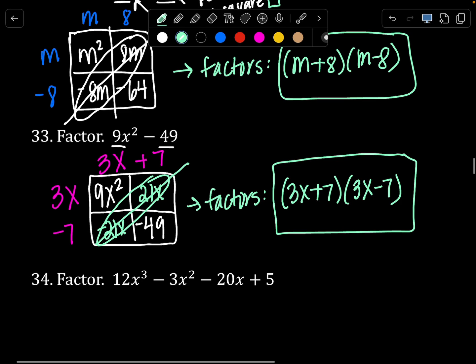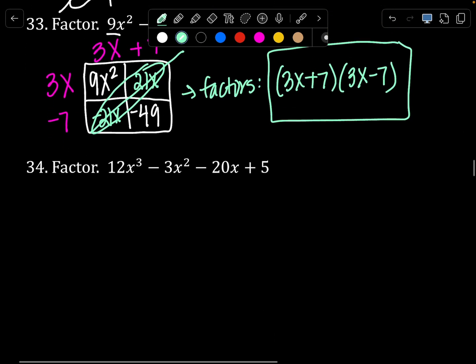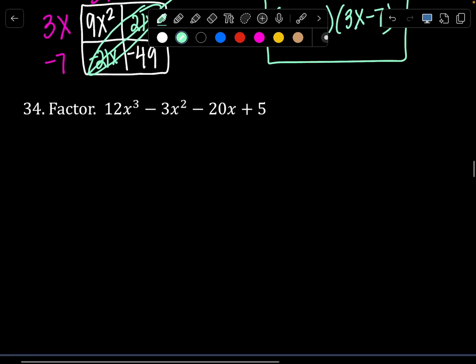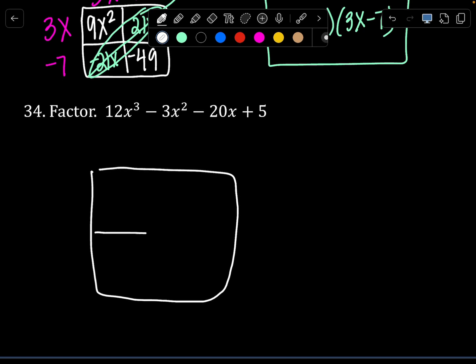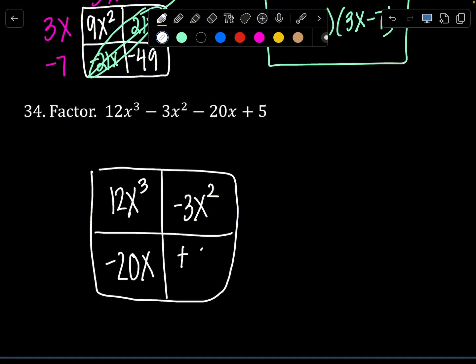All right, let's go down to number 34. This one's kind of nice because they give you 4 terms. Whenever they give you 4 terms, you're like, oh, 4 terms is a ginormous box, and I'm going to go ahead and slap them all into the box. Doesn't matter how they go, as long as you take the GCF correctly.